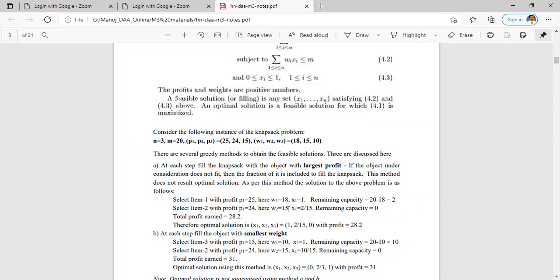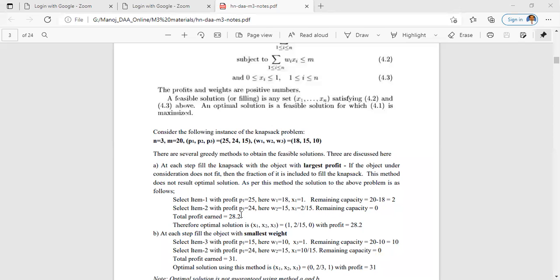Can you fit the weight 15 in M? No. But a part of the 15 can be placed. How much part? 2 by 15 will be the x value, so x2 is equal to 2 by 15. The remaining capacity is 0.